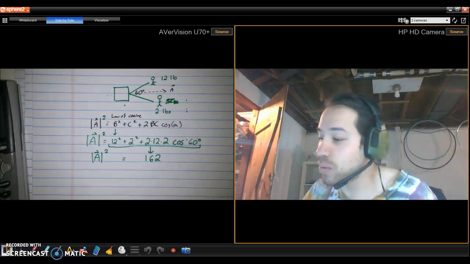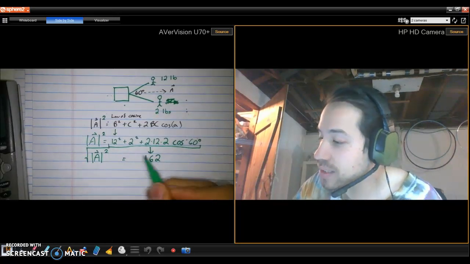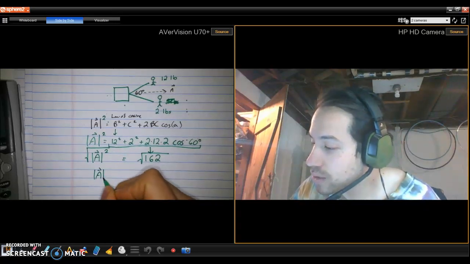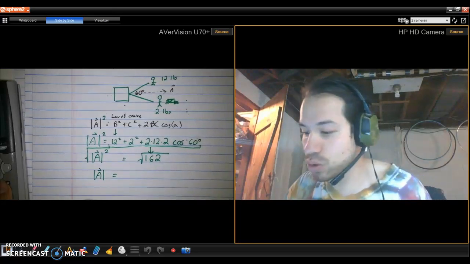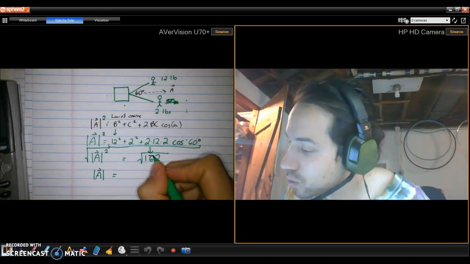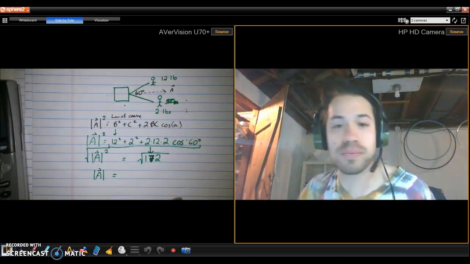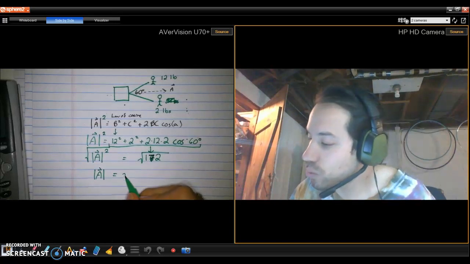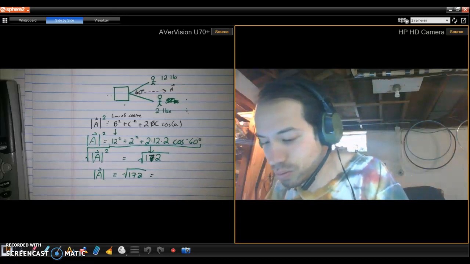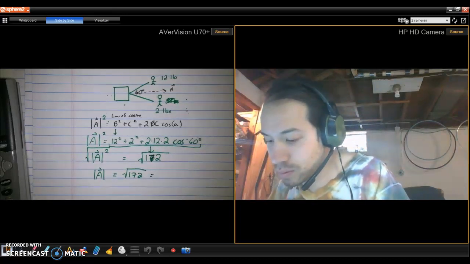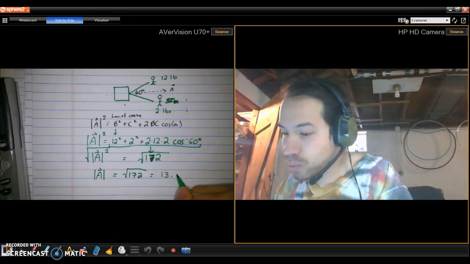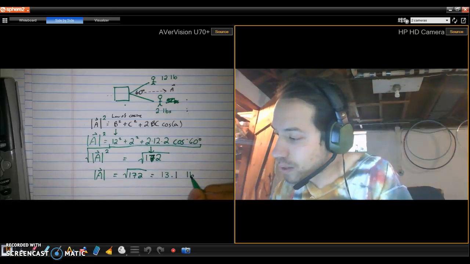So to actually figure out what that's going to be, we need to finish up by taking the square root of both sides. This will give us the magnitude of A is equal to the square root of 172, which is equal to 13.1 pounds of force.